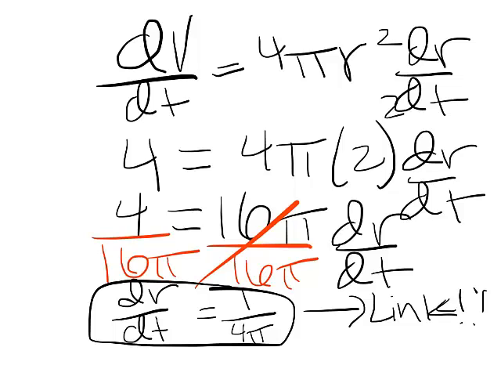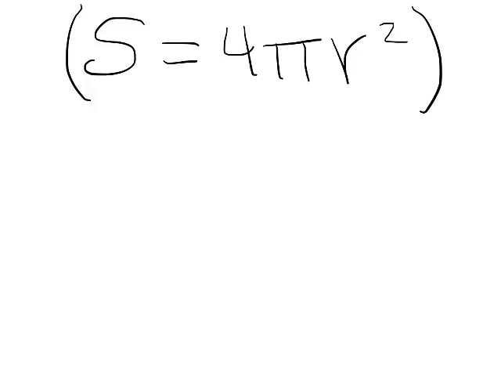So now I have to relate the radius to the surface area. And that's just the formula for the surface area of a sphere. The surface area of the sphere is 4 pi r squared. I'm just going to take the derivative with respect to time of both sides, just like I did with the volume.